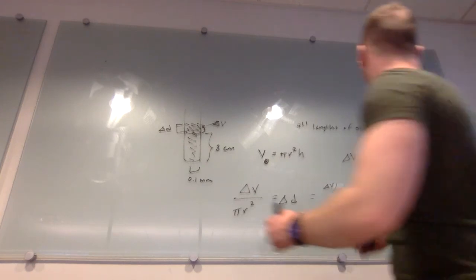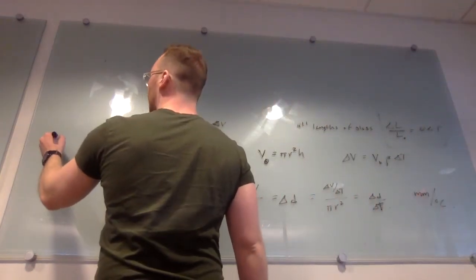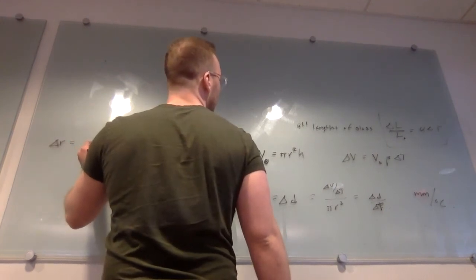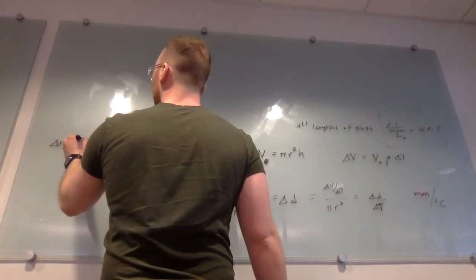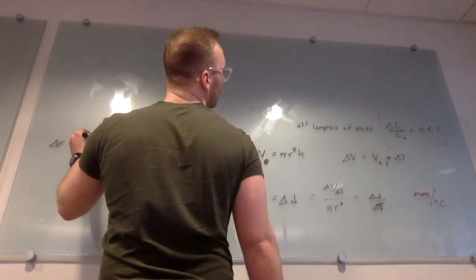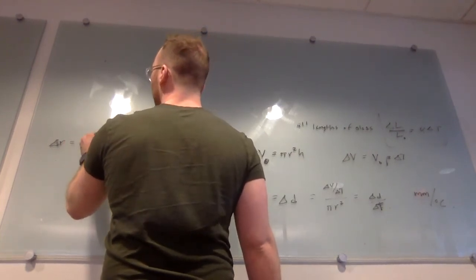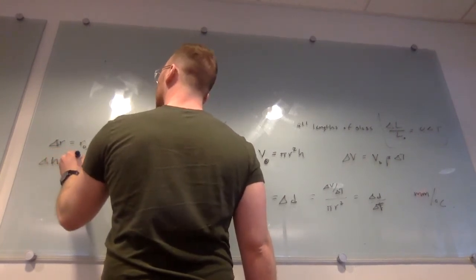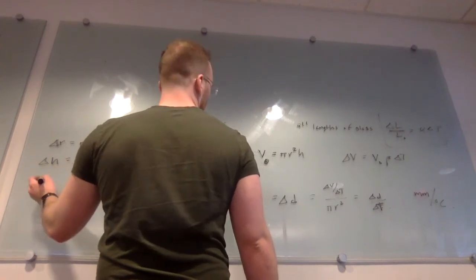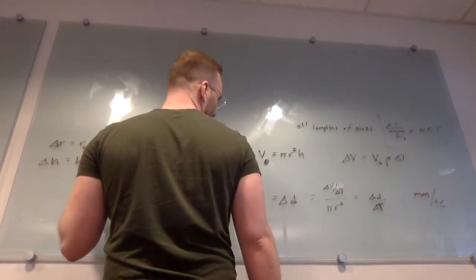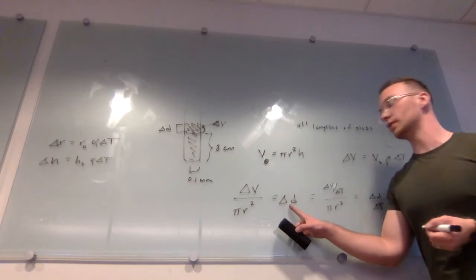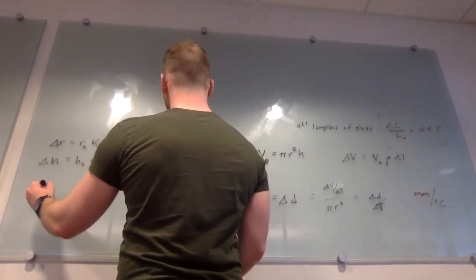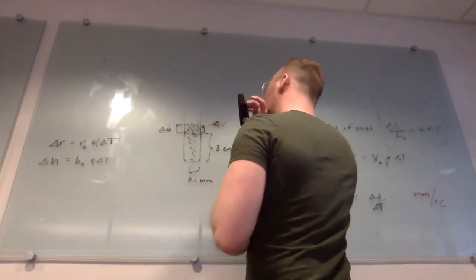I'll write it over here. We also have to have delta R is R naught alpha delta T, and delta H is H naught alpha delta T. And now we just need to find delta D again, but for our cylinder, hold on.